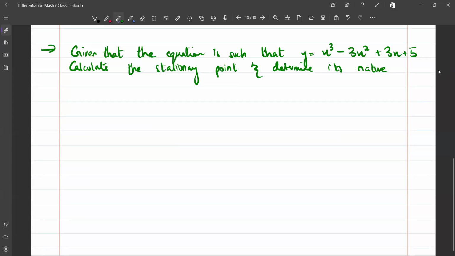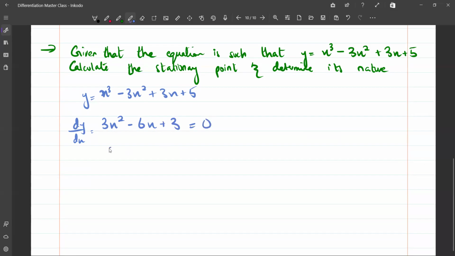So y is equal to x cubed minus 3x squared plus 3x plus 5. So dy over dx would be 3x squared minus 6x plus 3. Equate it with 0 to get the stationary point. If we simplify it, taking the 3 common, we get x squared minus 2x plus 1 is equal to 0.